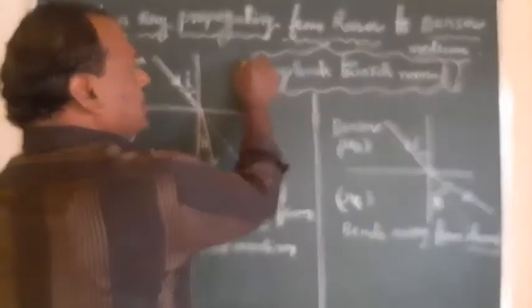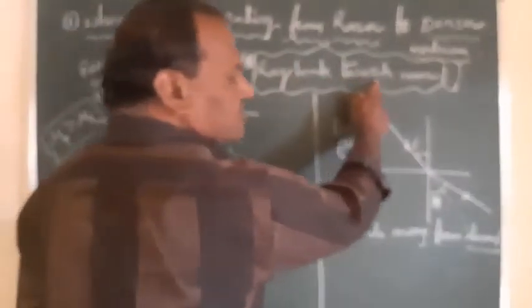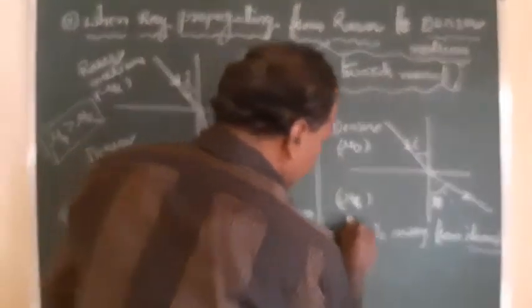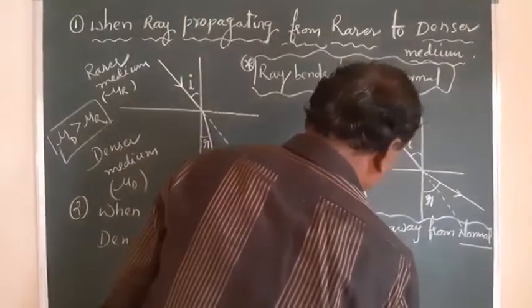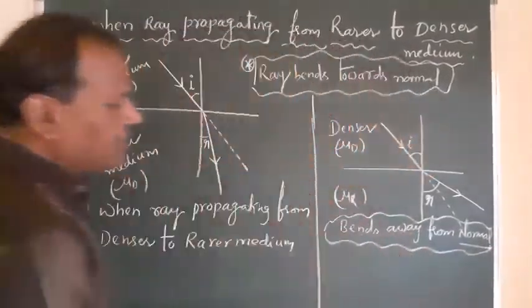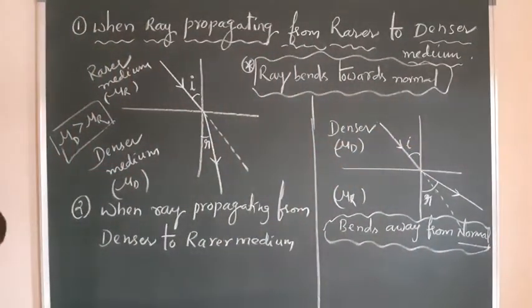Now in the first case the ray bends towards the normal, and in the second case the ray bends away from the normal.